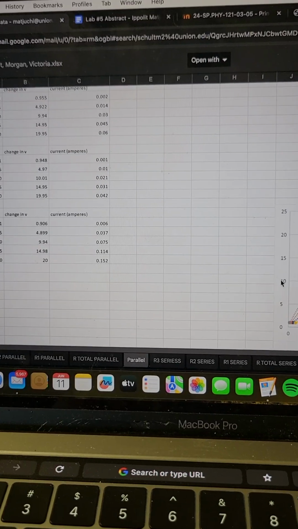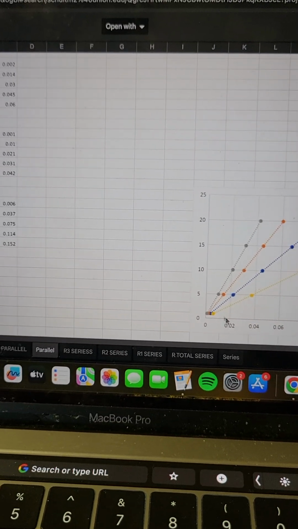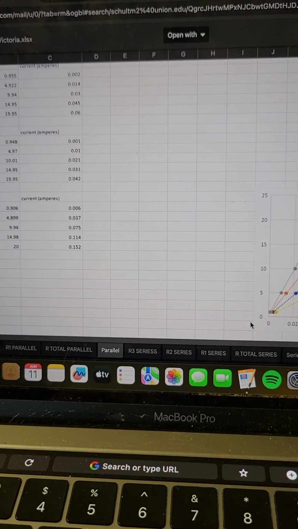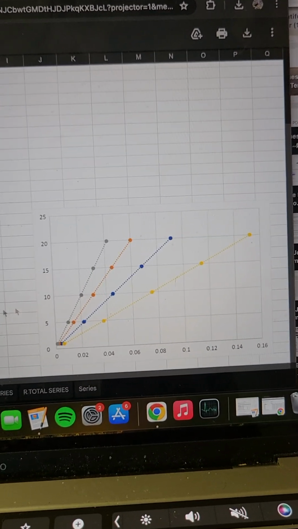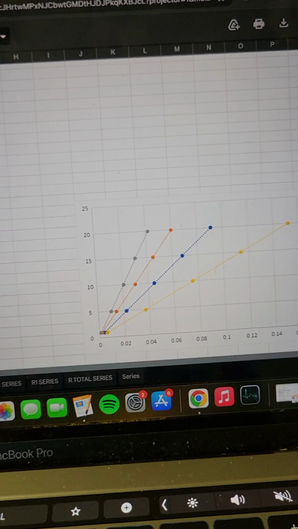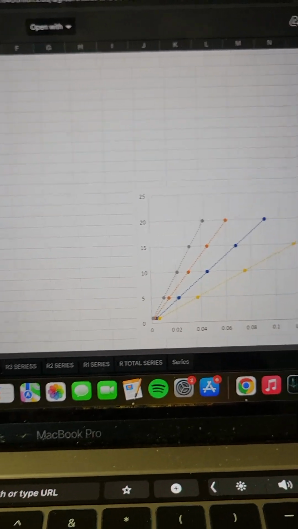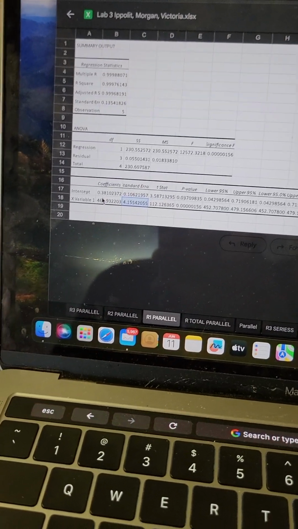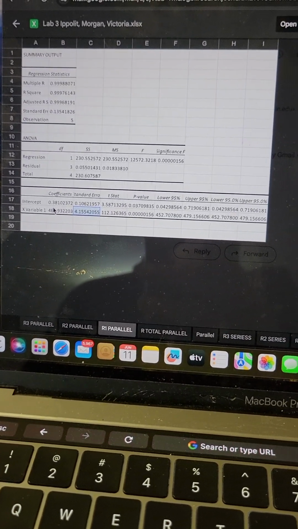Now again, we put this on a graph with our x values being the current and the y values being the change in the voltage, and we got this. Using a linear regression, we then looked at what these were equivalent to, and we got similar answers from before.